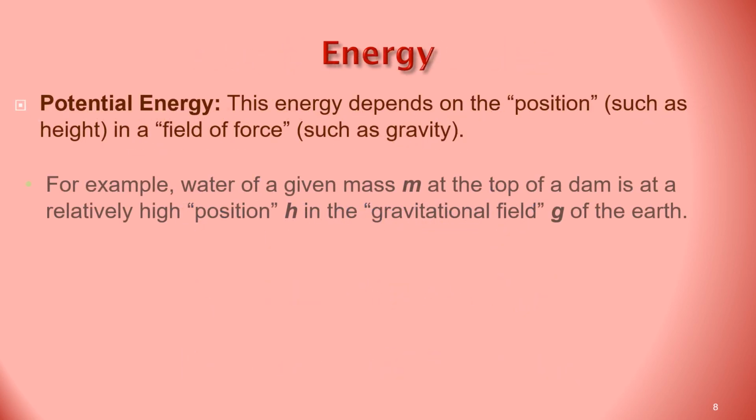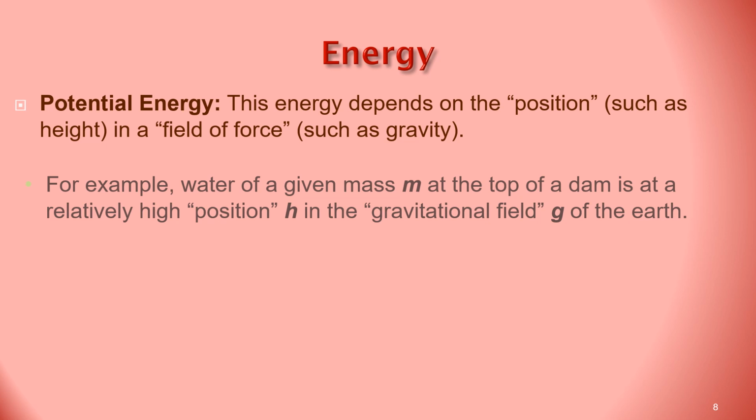So then potential energy, remember, energy depends on its position, like its height, in a field of force, for example, gravity. It's not the only kind of potential energy, but that's probably the most common that we talk about.